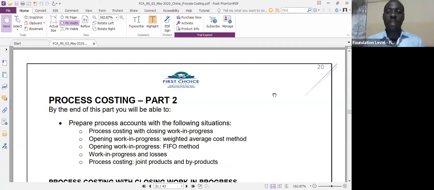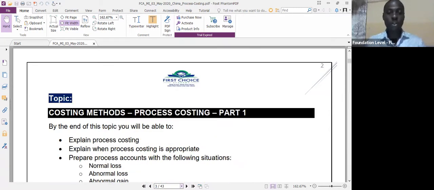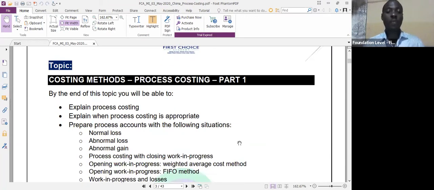All right, in part one of process costing, we saw how we deal with normal losses in process costing. And we saw how we deal with abnormal loss and abnormal gain. And I said before that you cannot get abnormal loss and abnormal gain in the same account.